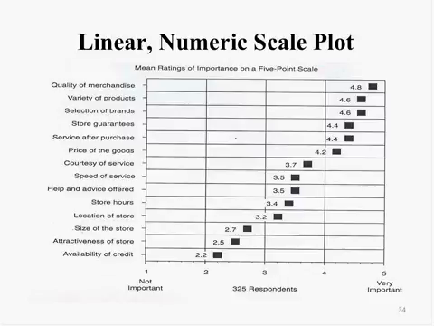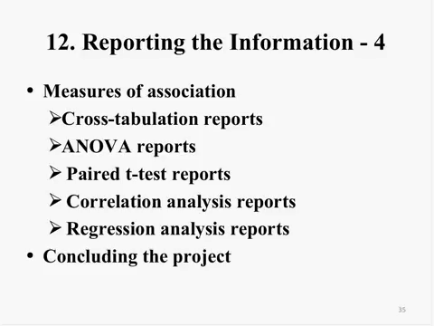Now let's move over to the next slide, slide number 35. And this is measures of association, which is to show relationships between variables. There's a variety of different reports. The cross-tabulation report we've already talked about, and there's a number of other reports, formats and graphics.